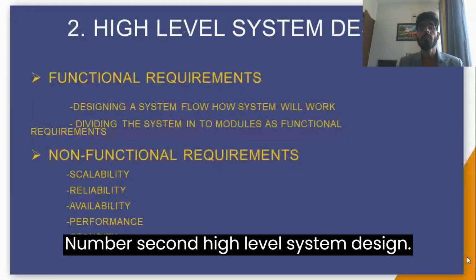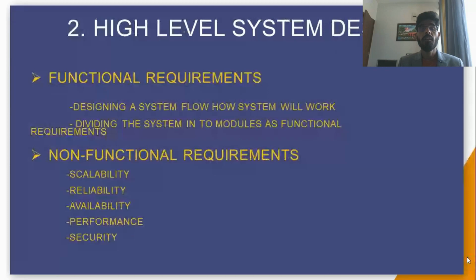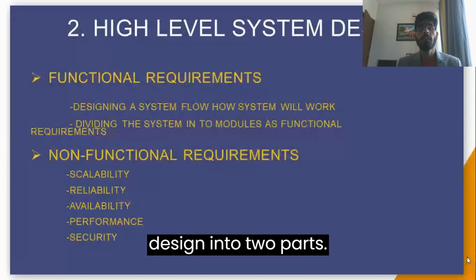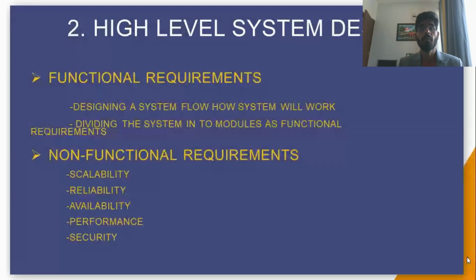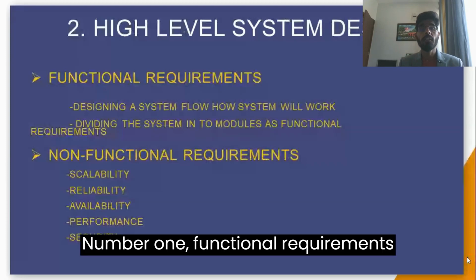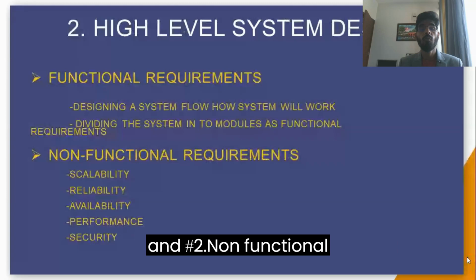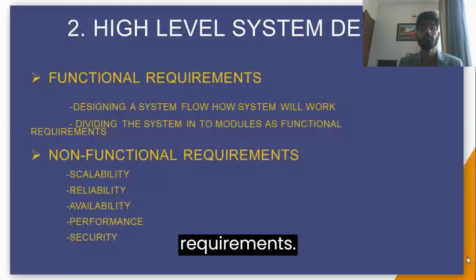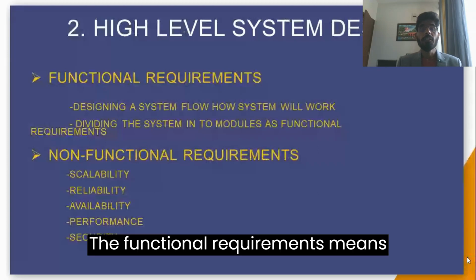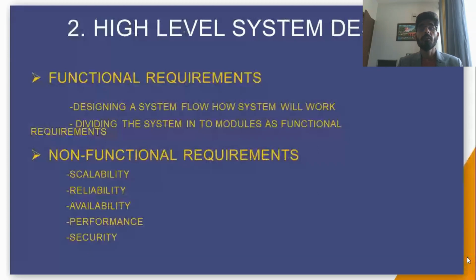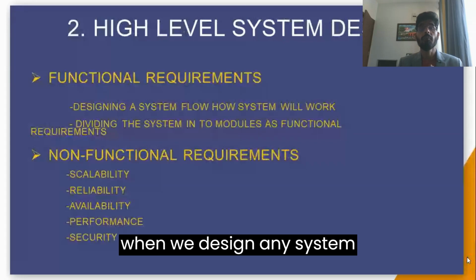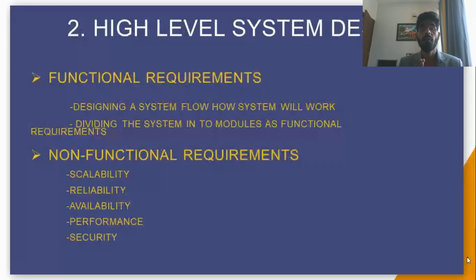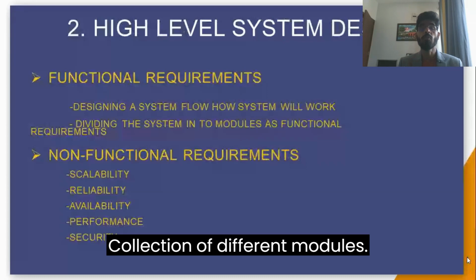Number two, high level system design. We can further divide high level system design into two parts. Number one, functional requirements, and number two, non-functional requirements. Functional requirements means that when we design any system, the system is a collection of different modules.